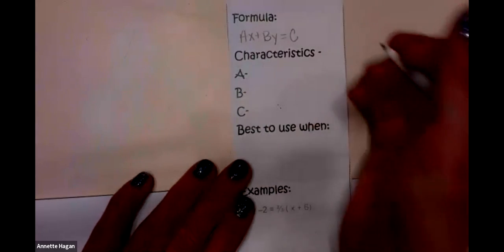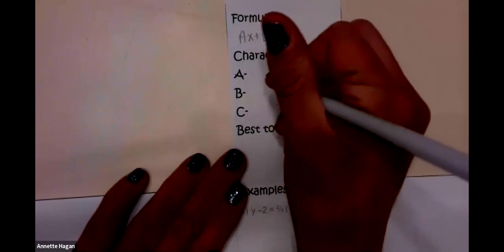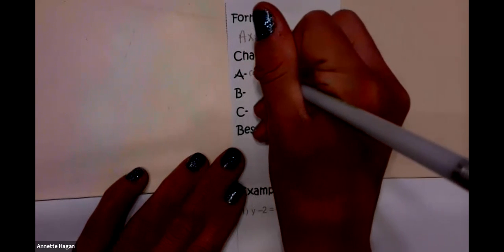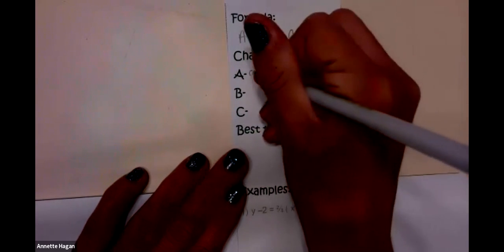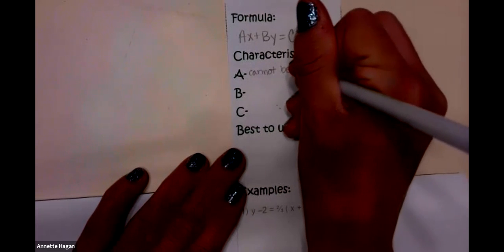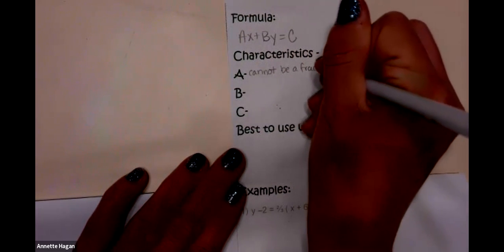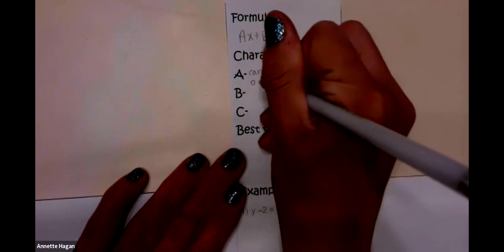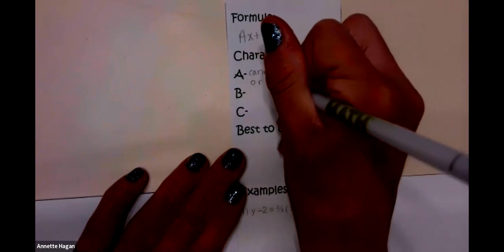Okay, and there's a couple of characteristics about this that are important to remember. A is not supposed to be a fraction or negative. So a cannot be a fraction or a negative number.